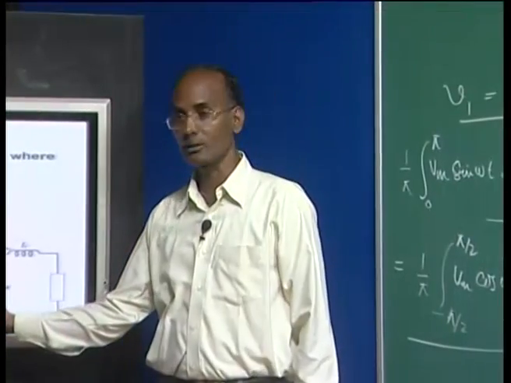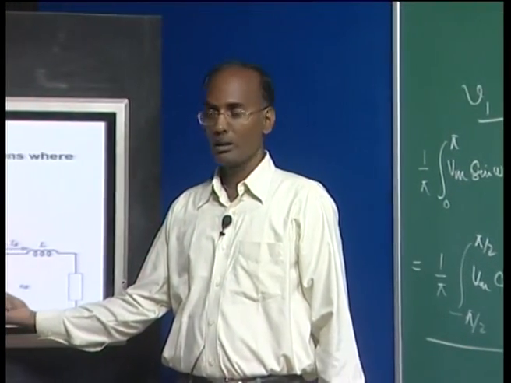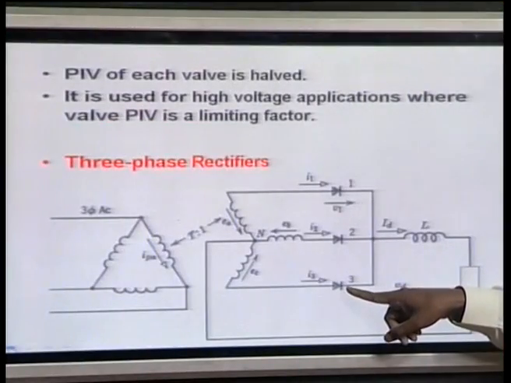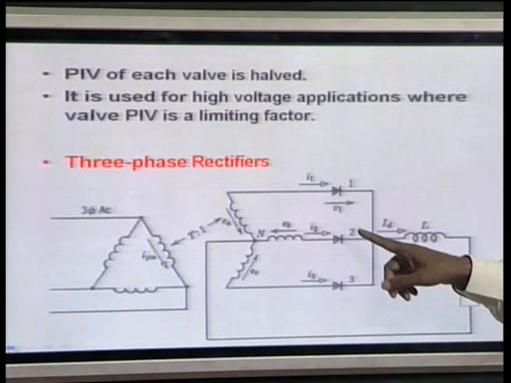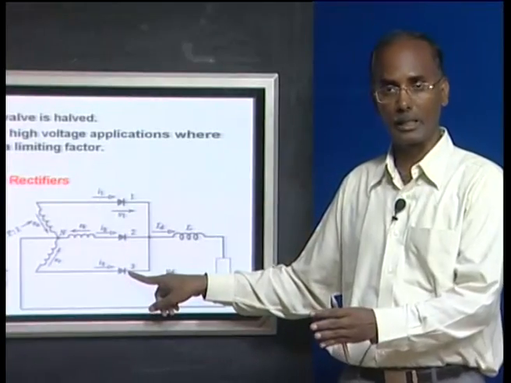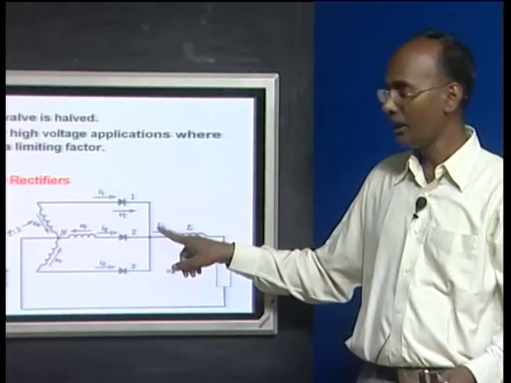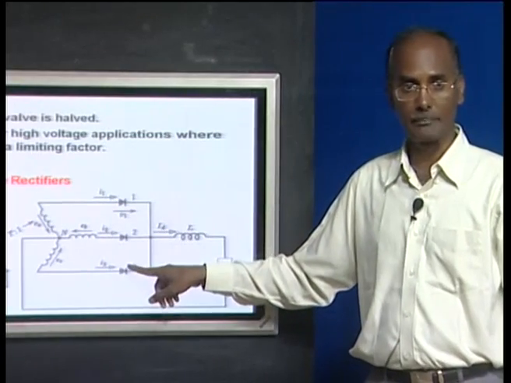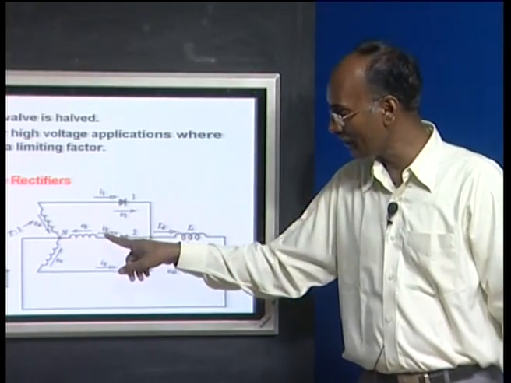Now the next turn: there will be a sudden change, because valve 3 is fired after 120 degrees when its positive voltage arises. Then the voltage across valve 1 becomes EA minus EC, and across valve 2 becomes EB minus EC.